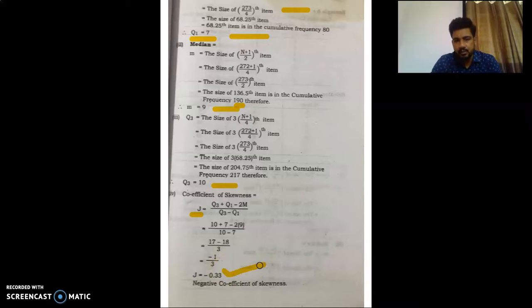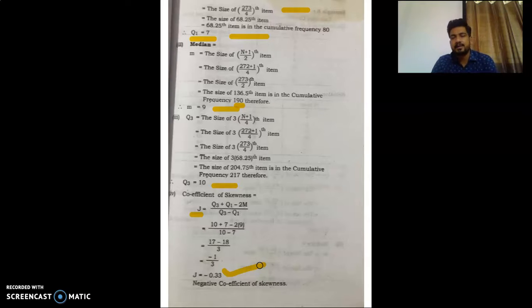So it is a negative coefficient of skewness. So this is a very simple problem. Actually, I just told you in the last lecture also, the problems of coefficient of skewness are very simple. There are very few requirements because you don't have to prepare a very big lengthy table for that.